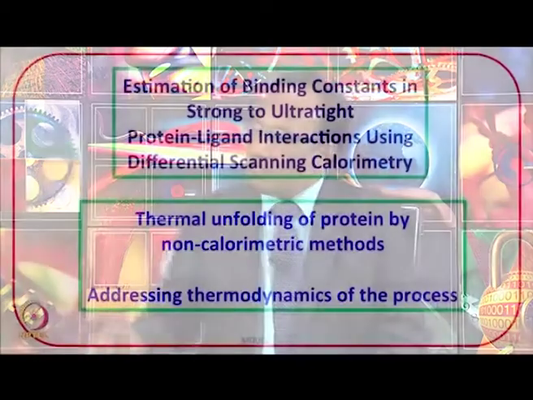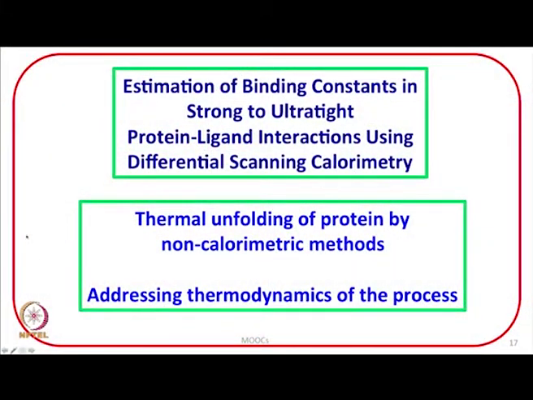We further went on discussing that if the binding is very, very tight and beyond the determination by isothermal titration calorimetry or other equilibrium methods, then differential scanning calorimetry can be used in estimating the ligand binding constant or affinity constant of the order of 10 raised to the power 20 or higher, 10 raised to the power 30, 10 raised to the power 40 or even higher.